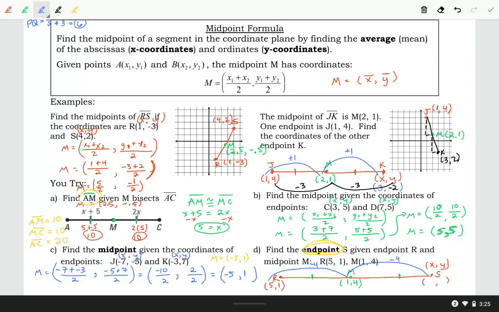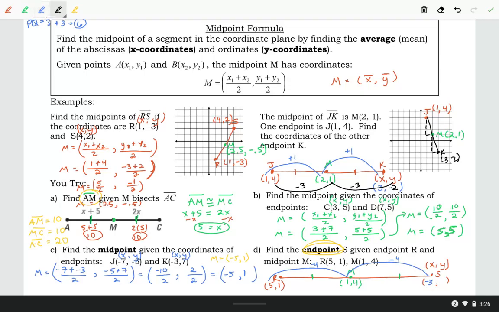So to get from 1 to the X value of our S point, we need to subtract 4 more. 1 minus 4 is -3.